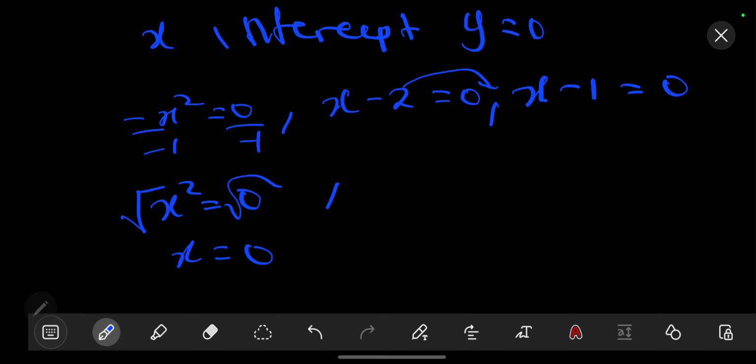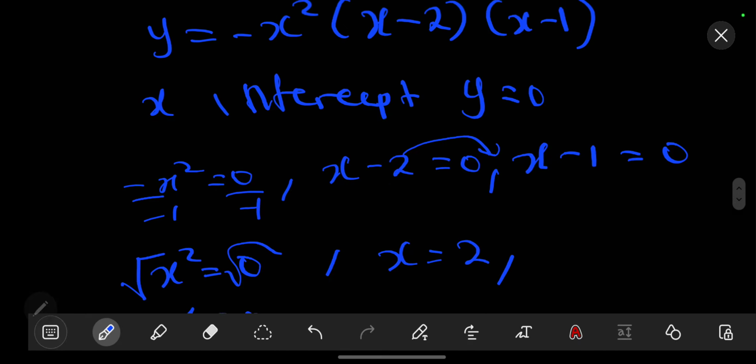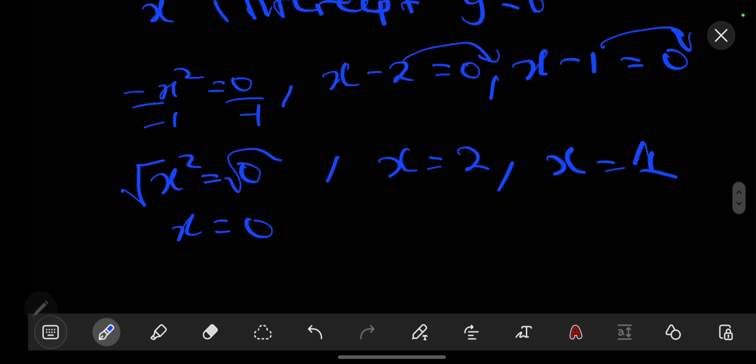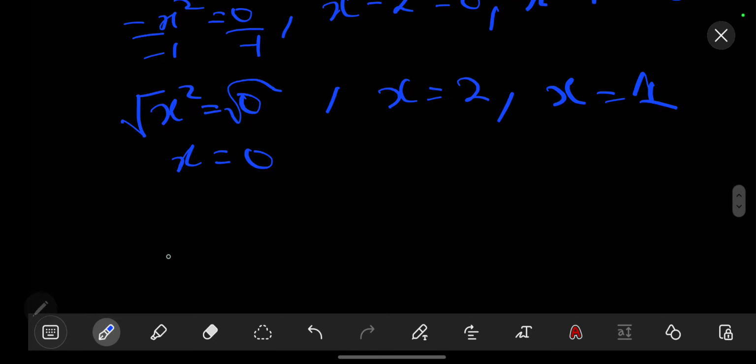We take the 2 to the other side, it will be x is equal to 2. We take the 1 to the other side, it will be x is equal to positive 1, like that. So therefore, we have found that x is equal to 0, x is equal to 2, and x is equal to 1. So let's find our y-intercept.